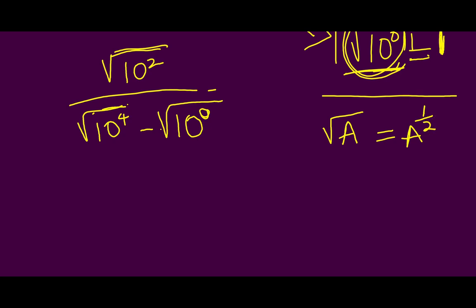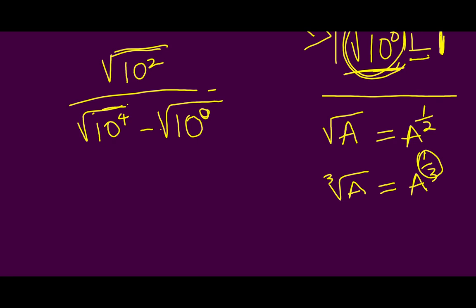And this being 3, it's no longer square root, it's cube root. Cube root of a is going to be a to the 1 over 3, right? This is an exponent.